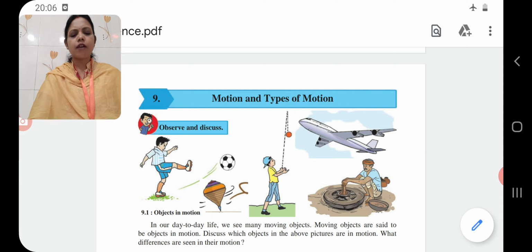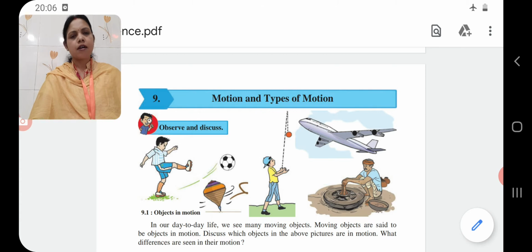Then in our day-to-day life, we see various things moving around us. Simple examples: first, birds flying in the sky. Second, vehicles moving on the road.